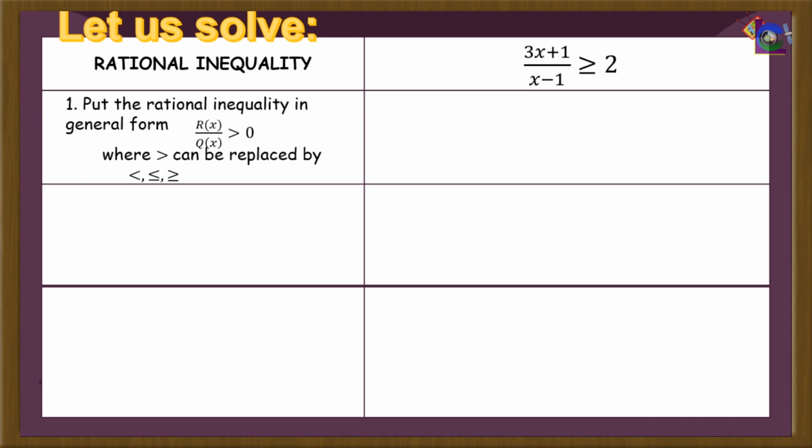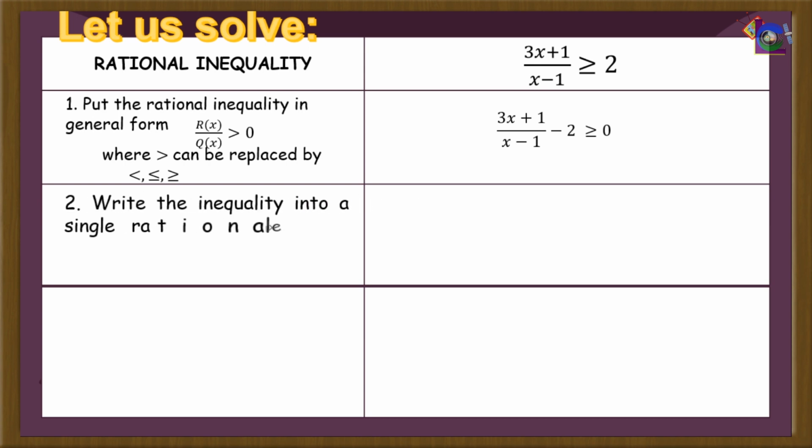So to solve, we have r(x)/q(x) is greater than 0. So from our original expression, this becomes (3x + 1)/(x - 1) - 2 is greater than or equal to 0. Step 2. Write the inequality into a single rational expression on the left-hand side.